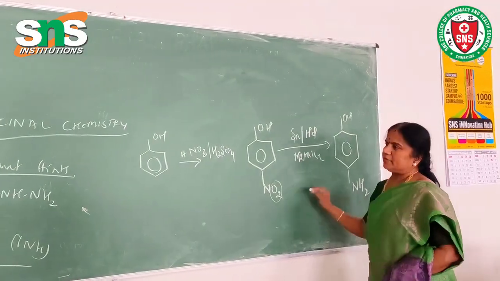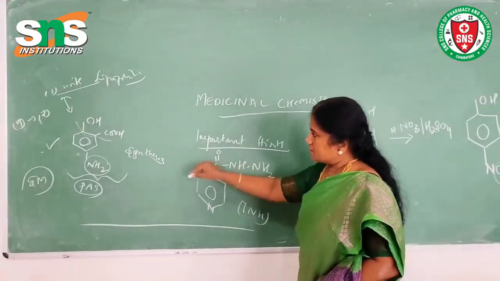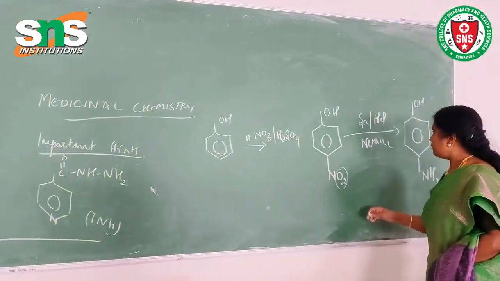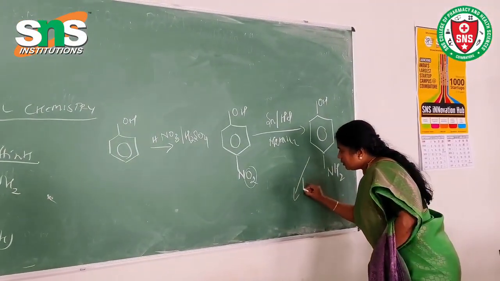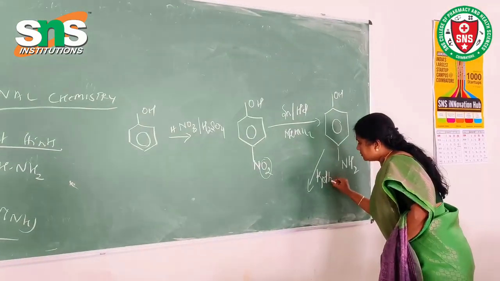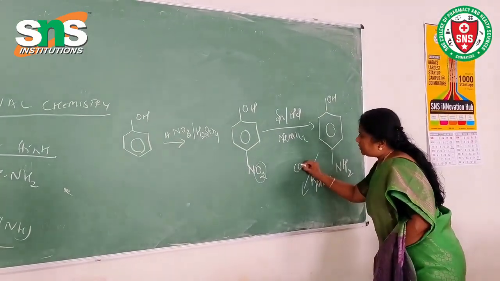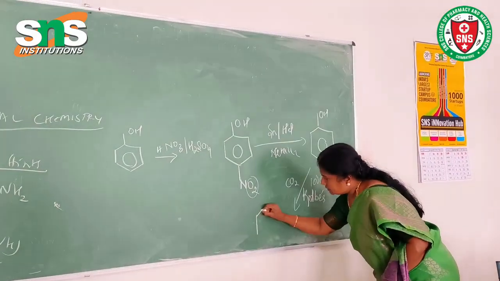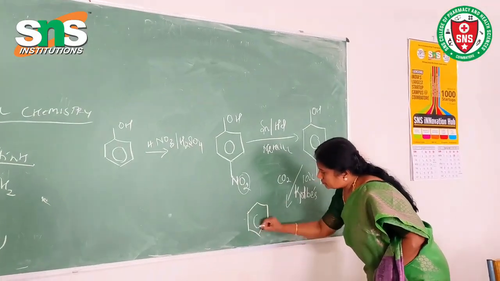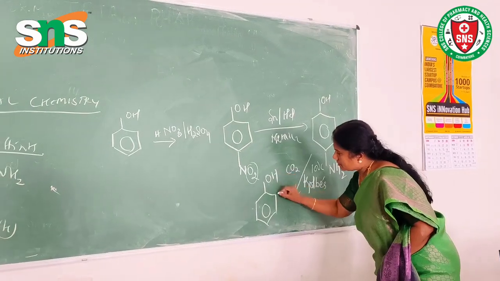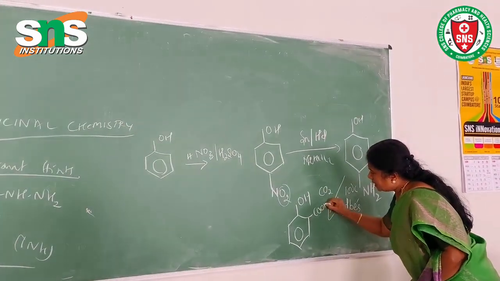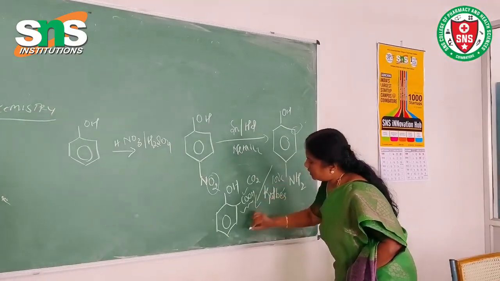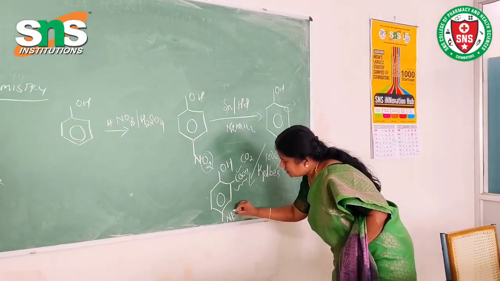What is the next fragment needed? This functional group, the carboxylic acid group. Anywhere you want to add a carboxylic acid group, you can remember Kolbe's reaction: addition of carbon dioxide at 100 degrees. So you are having the addition in this question and all other things remain the same.